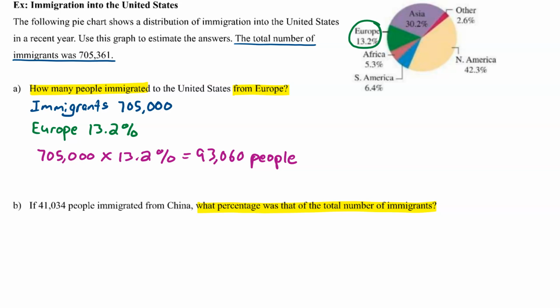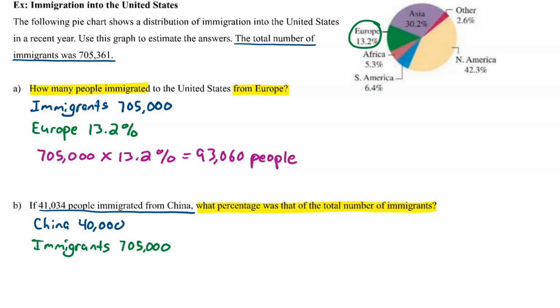So in this case, we're looking at 41,034 people who immigrated from China. We could round that to 40,000. And again, the total number of immigrants is 705,000.